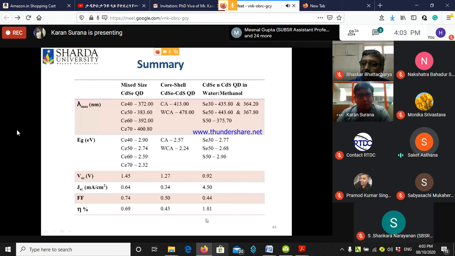That may be the reason their lifetime is not up to that. Although there is major research going on in encapsulating the halides so that the structure does not get destroyed in open air conditions, and so that their lifetime can be improved. Recently, I read a paper where they have shown the stability up to a year.